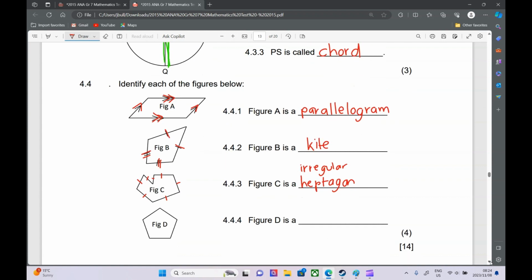And then figure D, I always say this looks like a doghouse to me. So 1, 2, 3, 4, 5 sides is a pentagon. This one we could say is actually a regular pentagon, or you could just write pentagon, because it looks like what we expect a pentagon to look like.